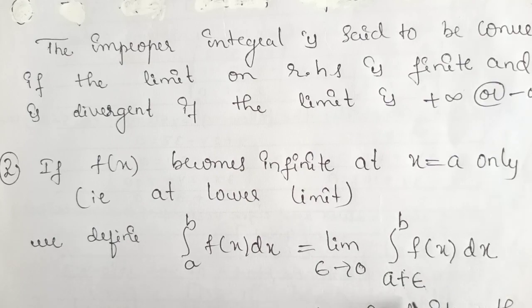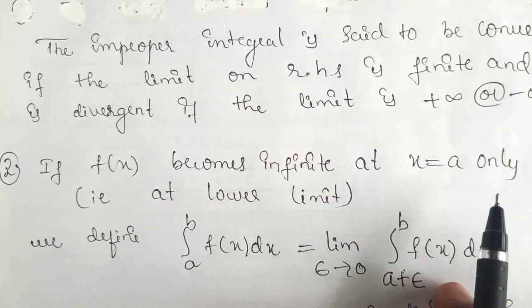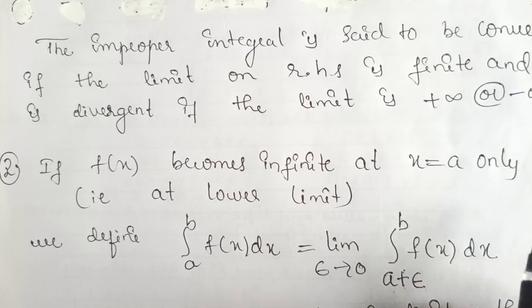Here we change the lower limit because at the lower limit we are getting infinite, therefore we change it as a plus epsilon, where epsilon tends to 0. Then again we test this limit: if it is finite, then we say that the given integral is convergent, otherwise it is divergent.